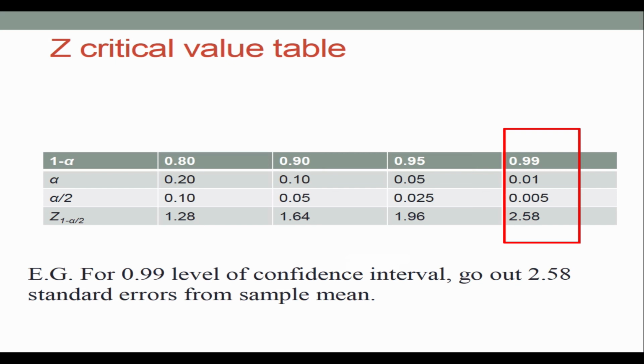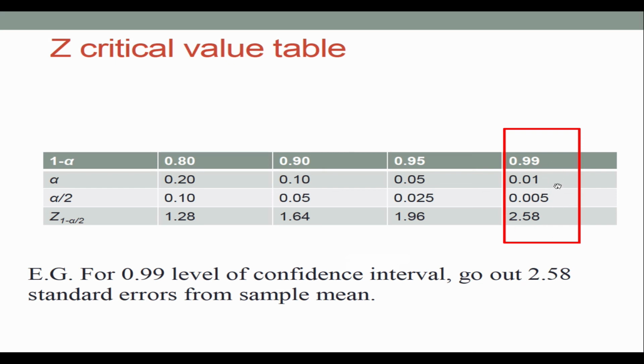Sometimes we would like to estimate a 90% or 80% confidence interval. Sometimes we're looking at a 99% confidence interval. Those are commonly used numbers. Here, 1 minus alpha is the confidence level, and in the last row, it gives you the critical values.